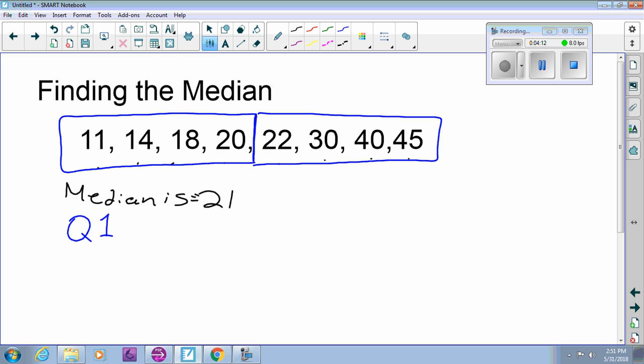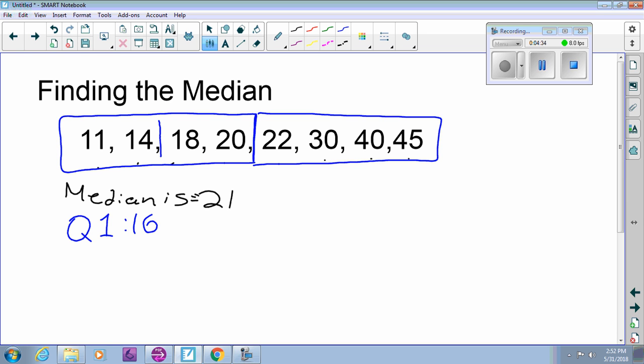Go ahead and draw a line there. So what is halfway between 14 and 18? 16, very good. Q1 equals 16.